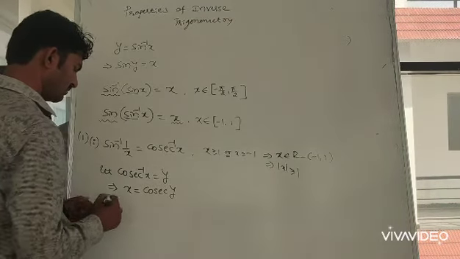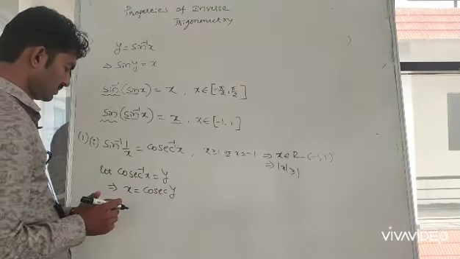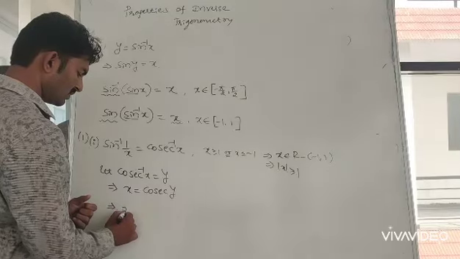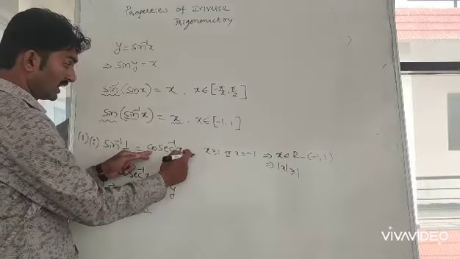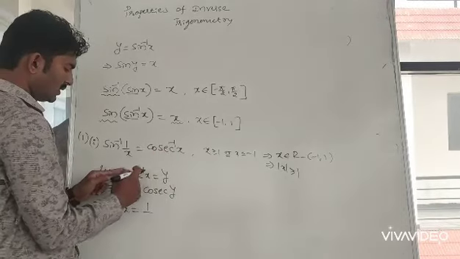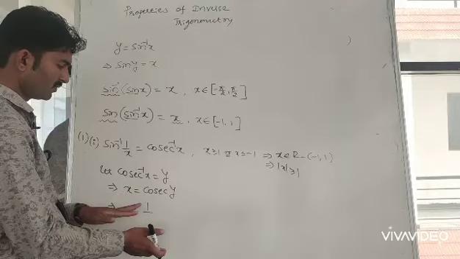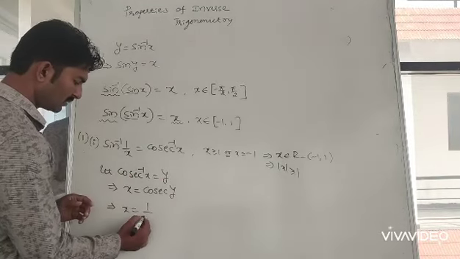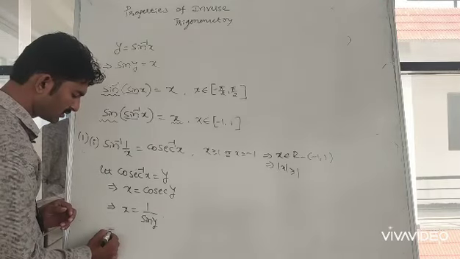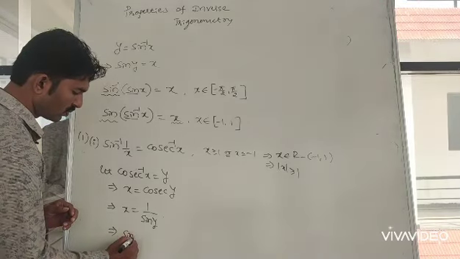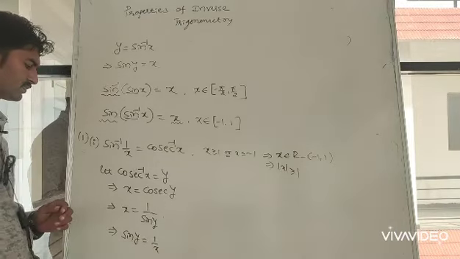Which implies, cosec y means we require it in terms of sine. We have considered the RHS as 1. Then we need to convert it in terms of the sine function. So cosec y can be written as 1 by sine y, or else sine y is equal to 1 by x.